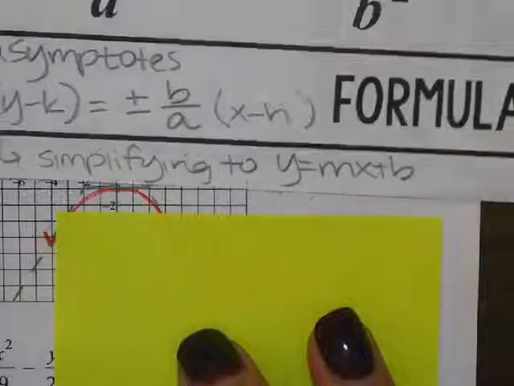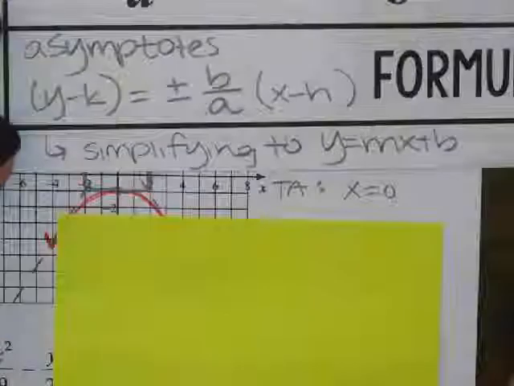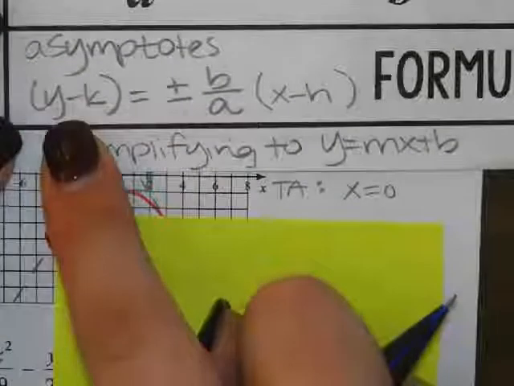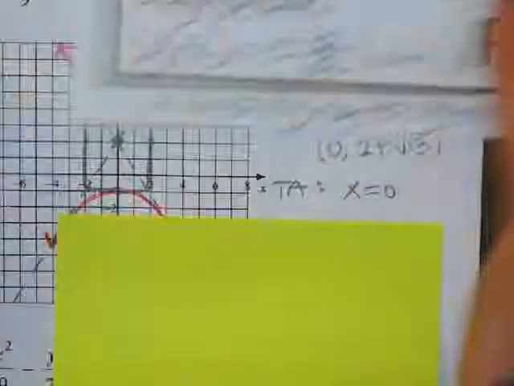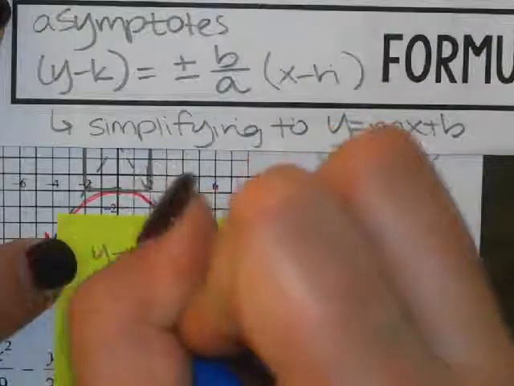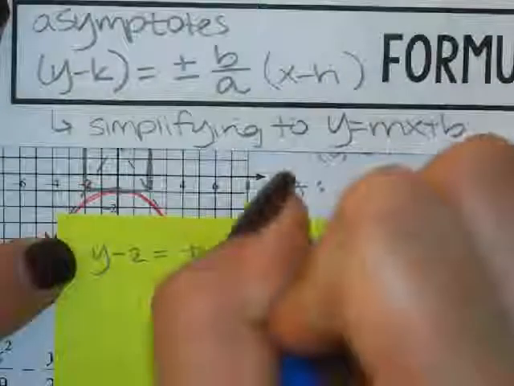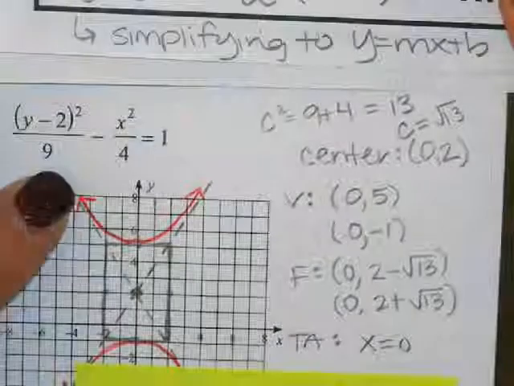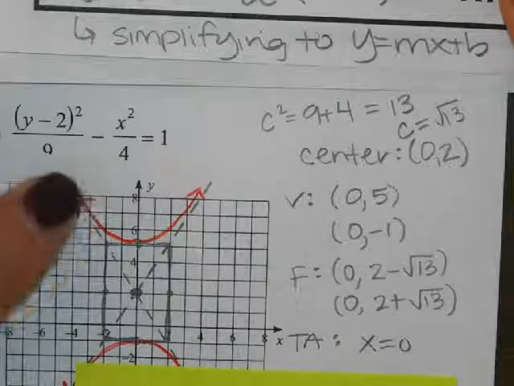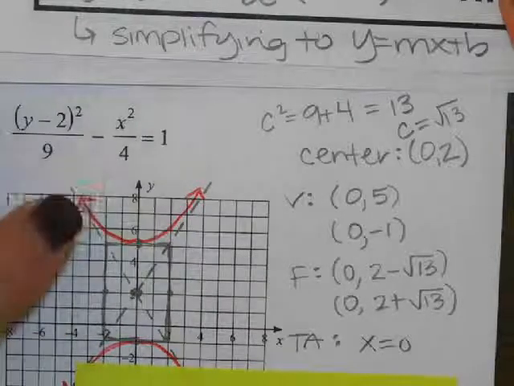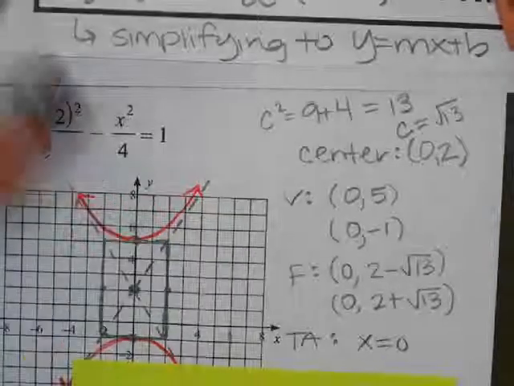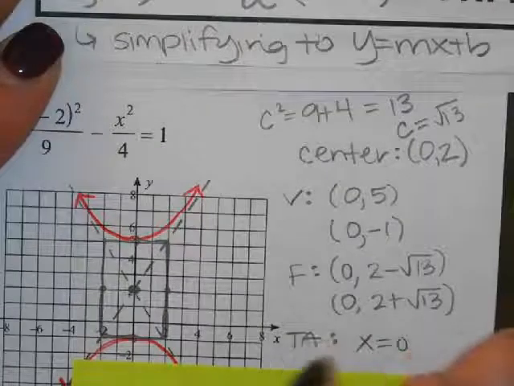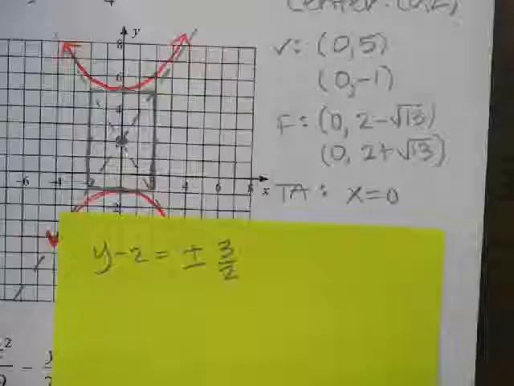How do we start off writing them? The y parentheses. So y minus 2 for this problem. It'd be b over a, so it'd be 3 over 2.